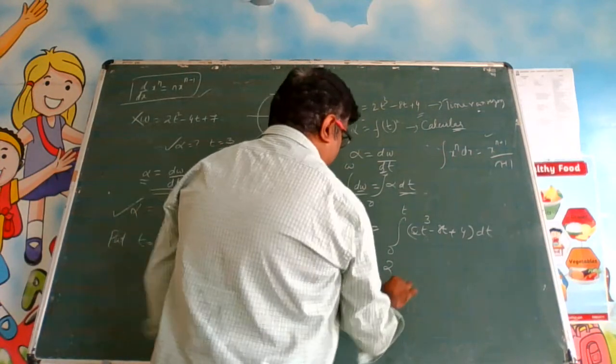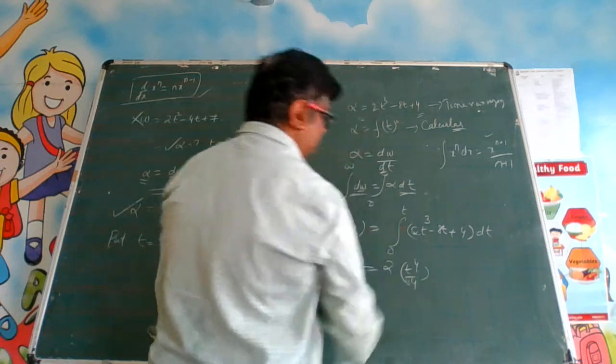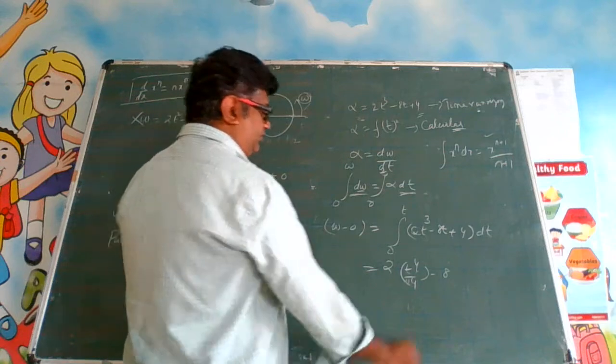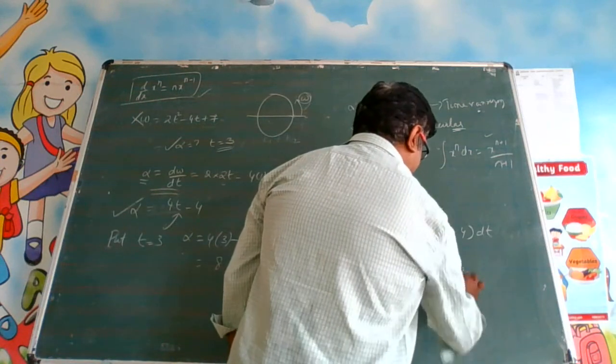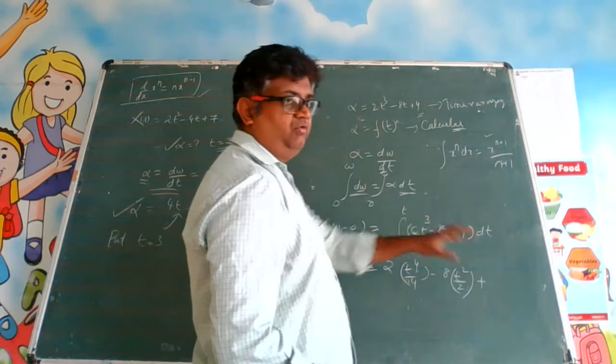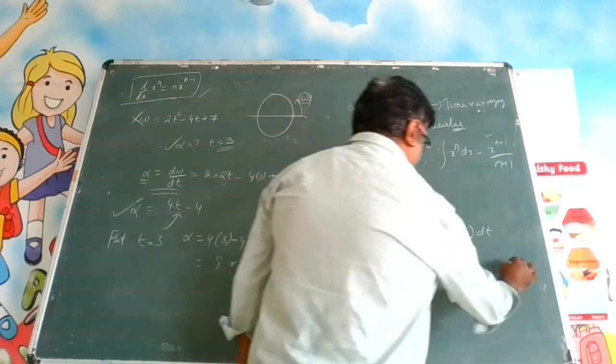Using that formula, t power 3 to t power 4 by 4, right, minus 8. So it will become t square by 2 plus 4 dt. 4 dt will become 4t. So what are we supposed to do now?